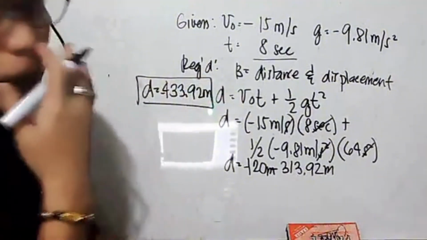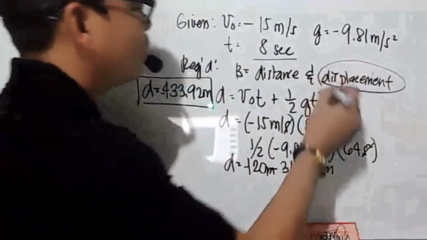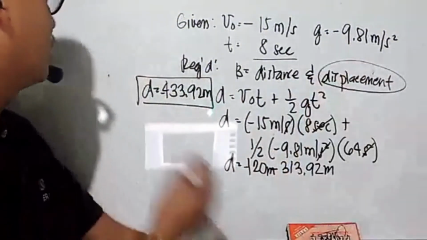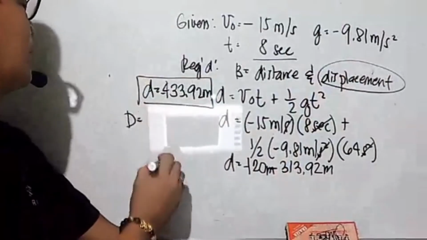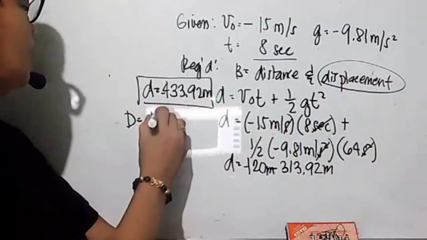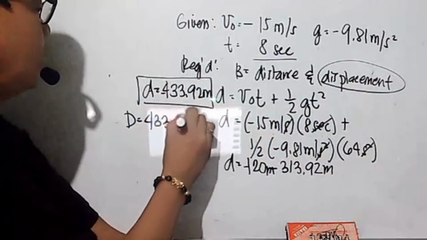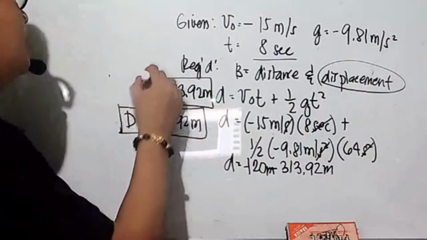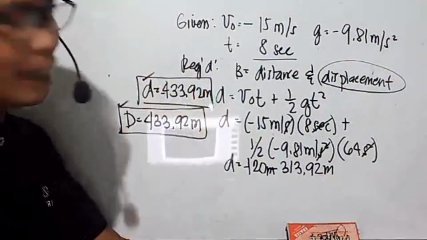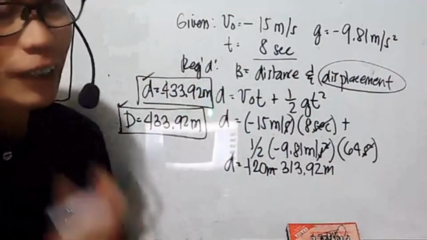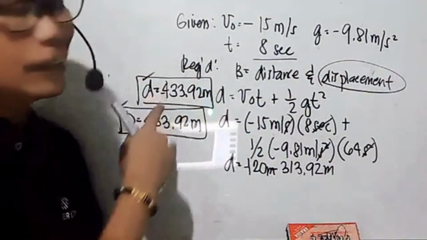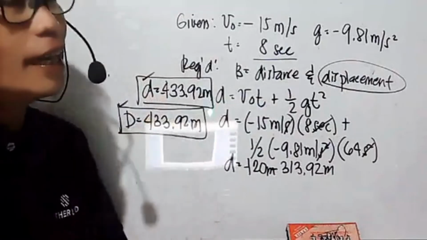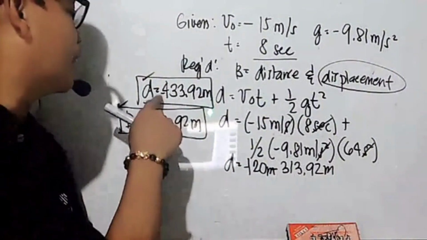So negative, meaning that is your displacement. It has a direction, it is going down. Therefore, your distance, I'll use the capital D, is equal to 433.92 meters. This is your displacement, and this is your distance. They're actually the same, of course, but the displacement has a direction because it's a vector quantity, and the direction is signified by the sign.